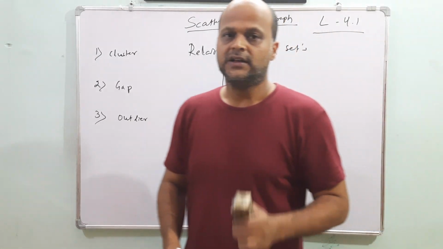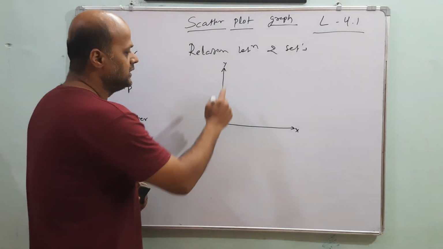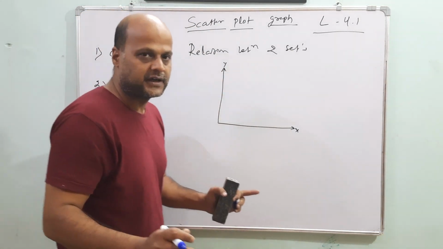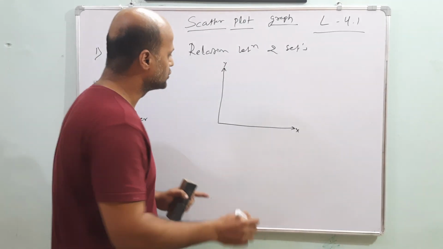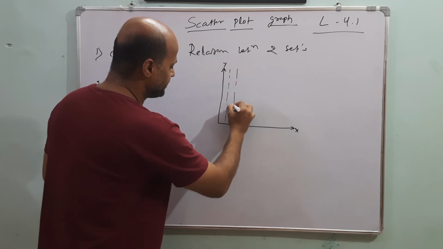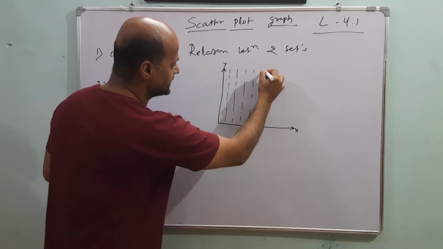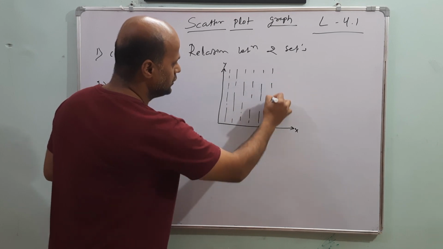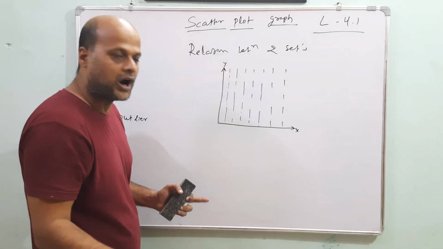So my dear friends, it is very easy. Try to understand it. We know that the graph paper is the intersection of the x and y axis. Suppose I draw some lines here like this, and represent some axes so that you can easily understand what a cluster, a gap and an outlier are.